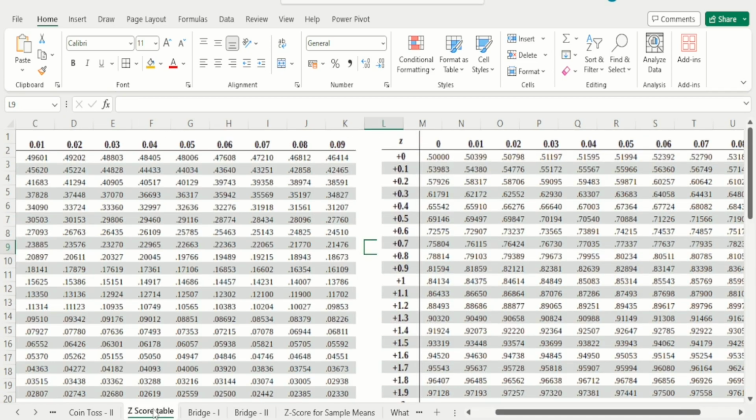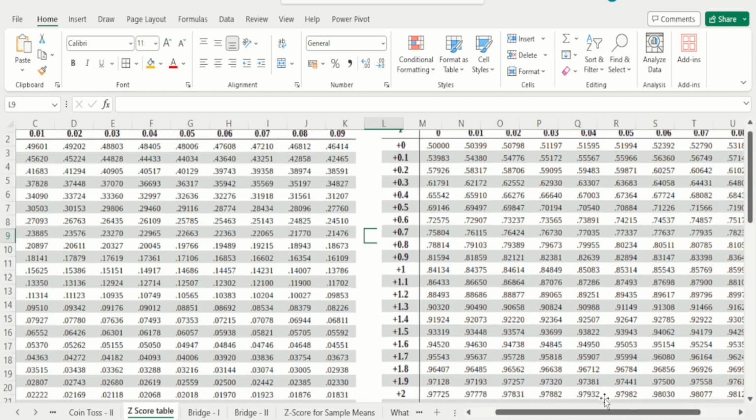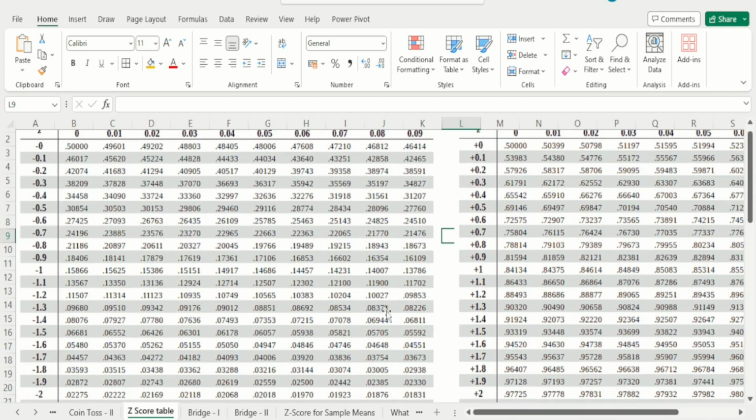and look for that specific value that we are trying to get to, right? So where do we have the value in this? What you will notice when you start looking for these values is, for instance, let's start off with the negative values on the z-score.